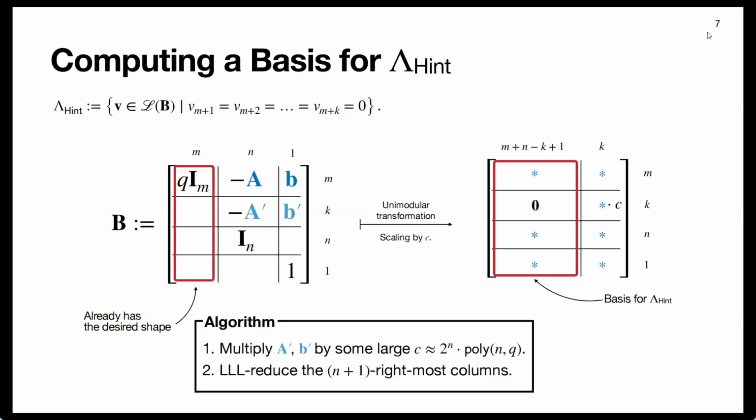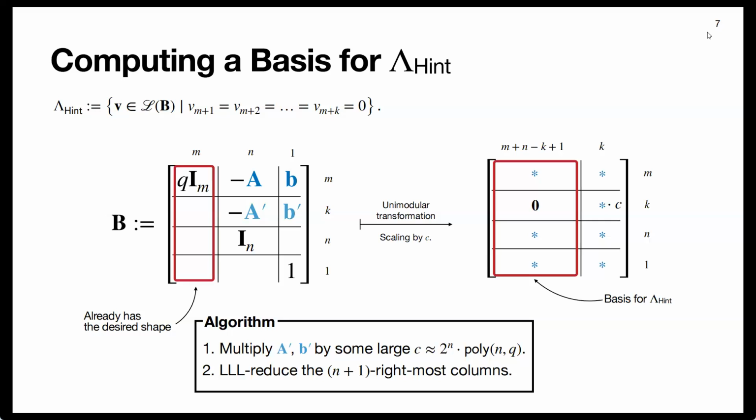I noticed that you do the LLL reduction to get the zero columns. Have you ever considered an algorithm to compute the kernel of a matrix? The target is to get some zero matrix. Right, but the kernel over which field? We're not over a field, right?